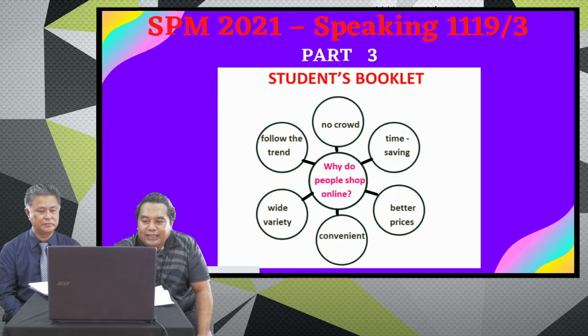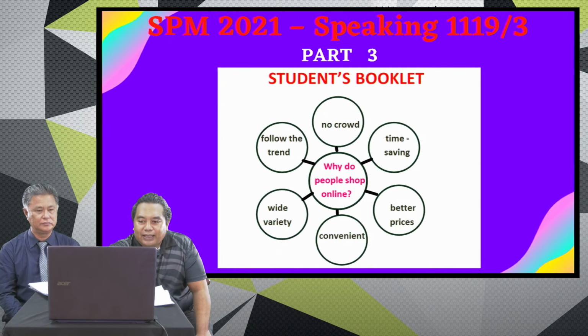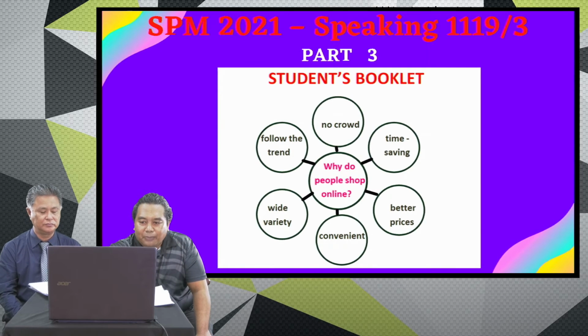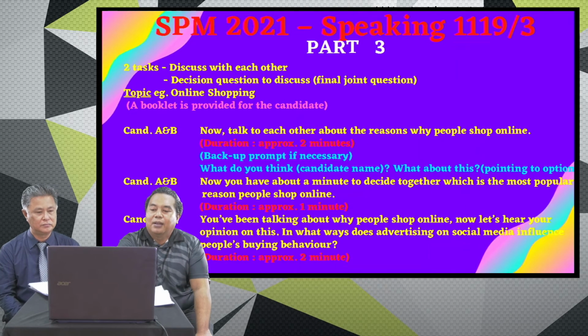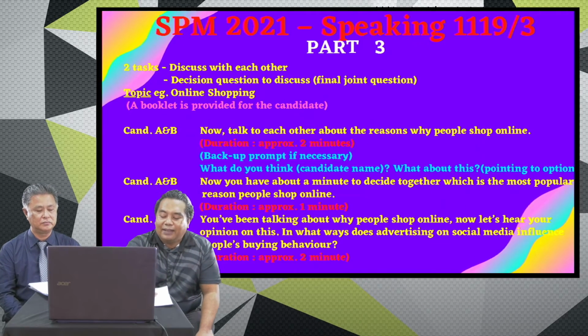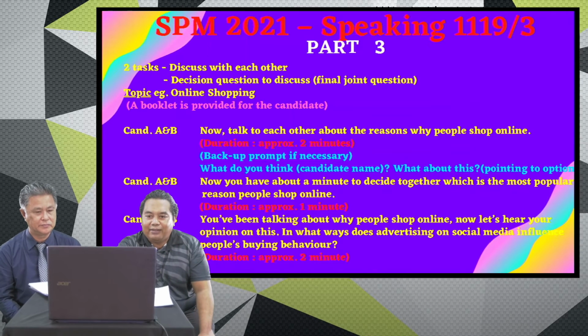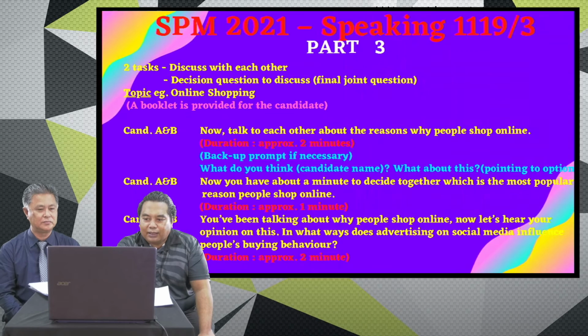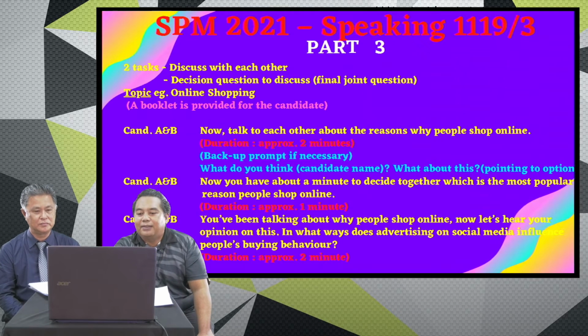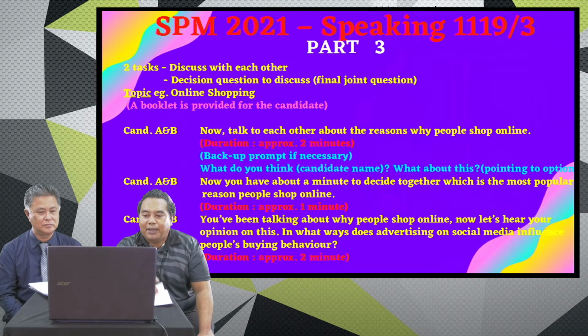Advertising they haven't discussed before because there is no option about advertising. So the interlocutor will ask a question in relation to the topic, but something that is not touched on in the mind map.